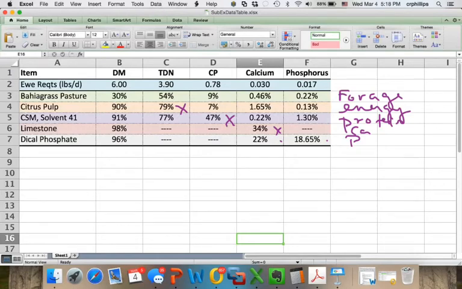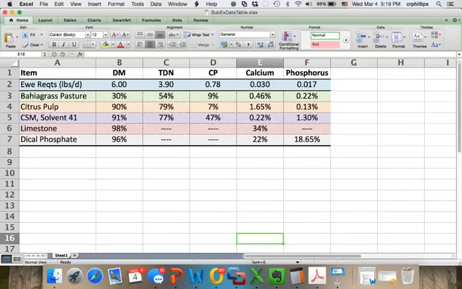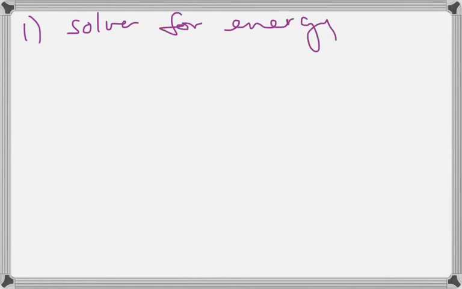Usually our first step, we're going to bounce over to a whiteboard. Oops, let me get out of that. Step 1 is going to be solving for energy. In this case we're looking at TDN, but it could be net energy, it could be digestible energy, it's some form of energy.